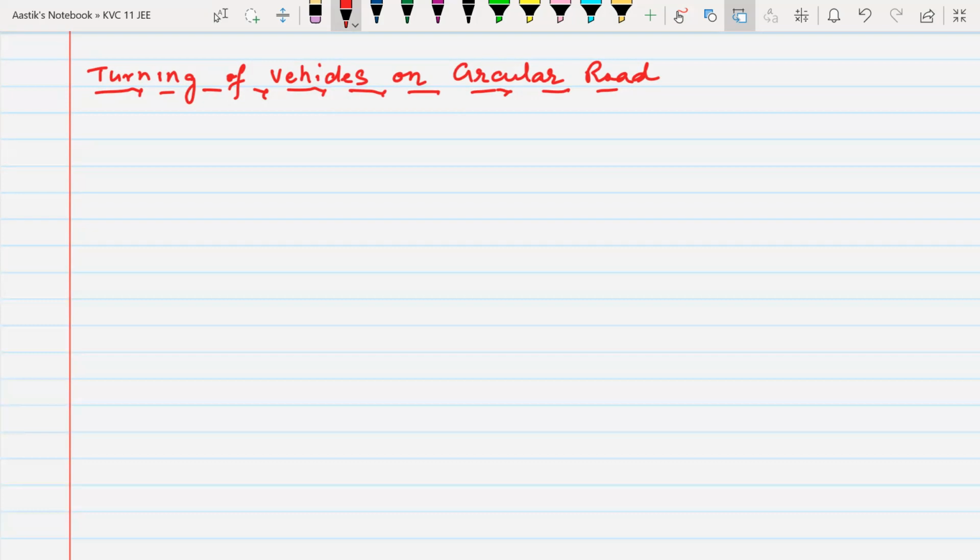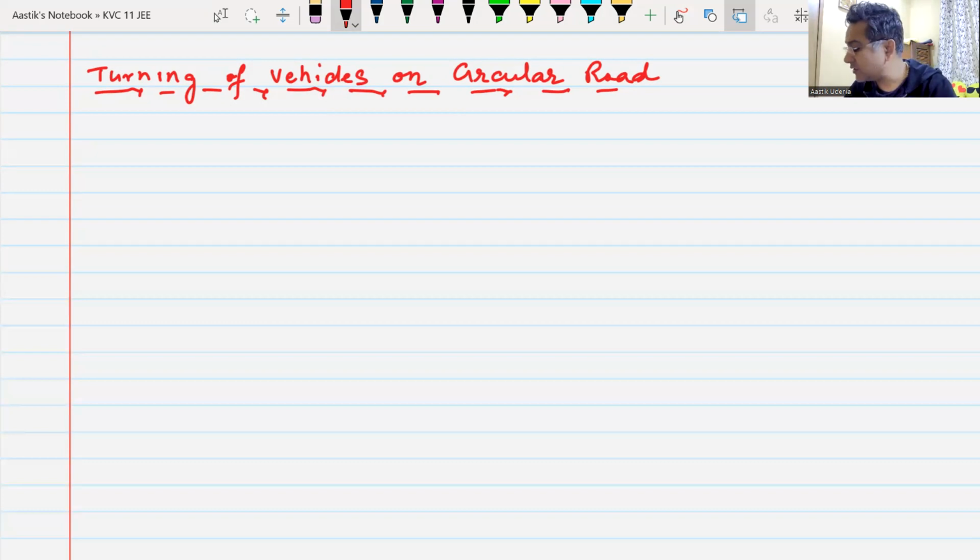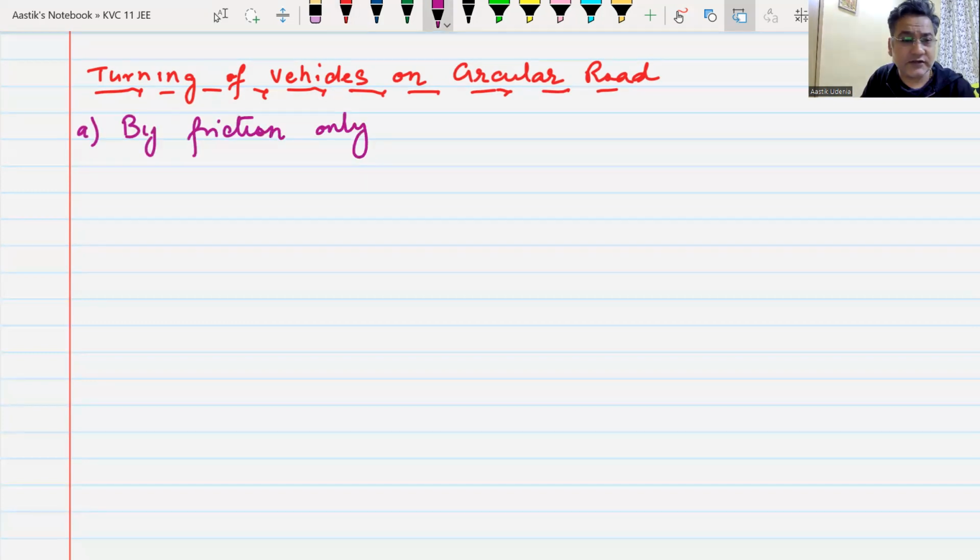What helps a vehicle turning on the road? Friction. Well done. By friction only. So what happens in this case? We are completely relying on friction to turn our vehicles.